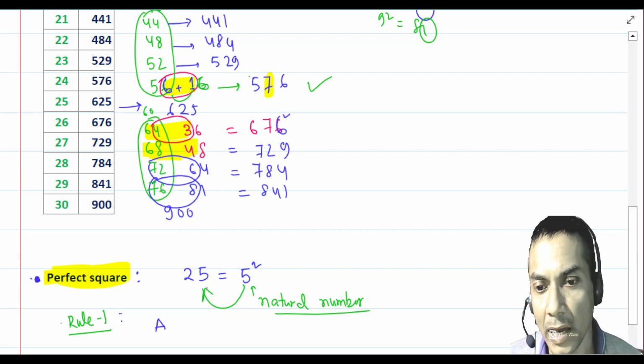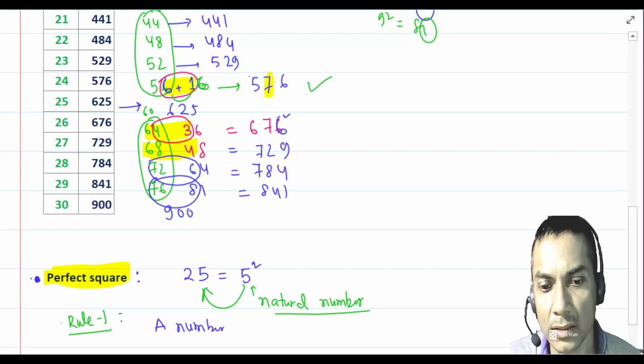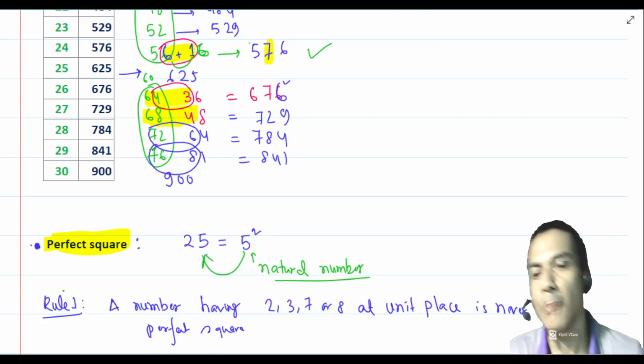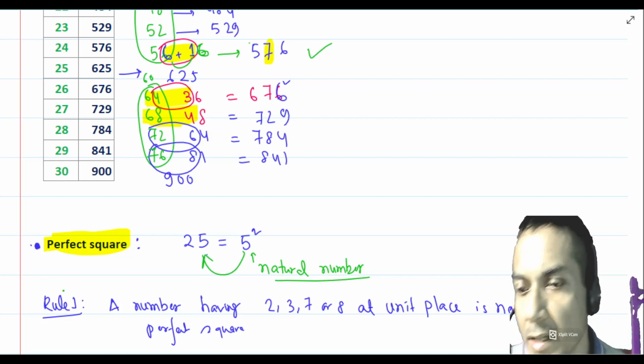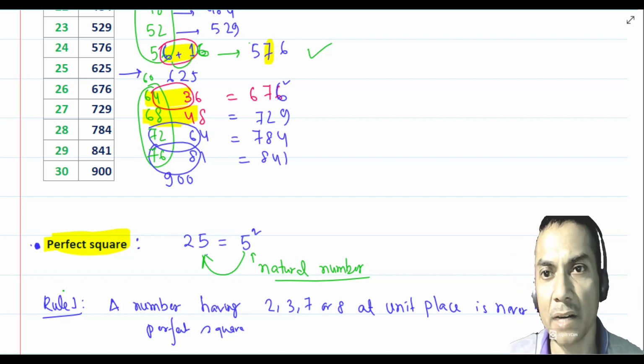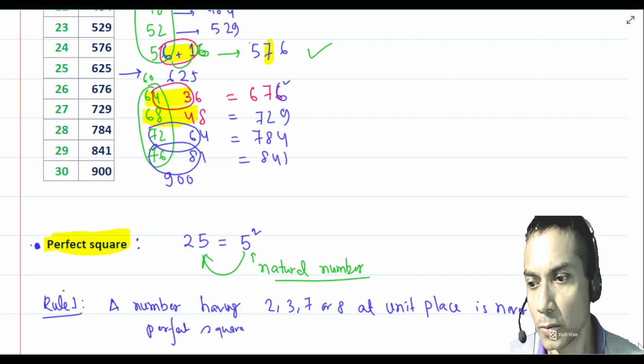A number having the unit place 2, 3, 7, 8 can never be a perfect square. You must remember this rule.